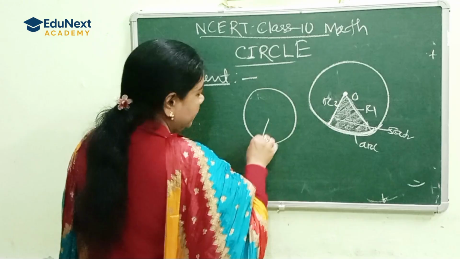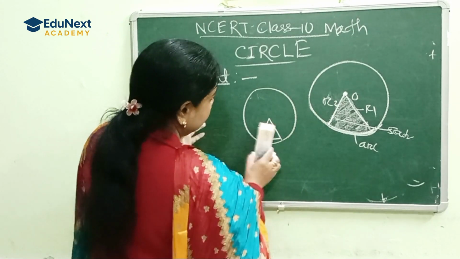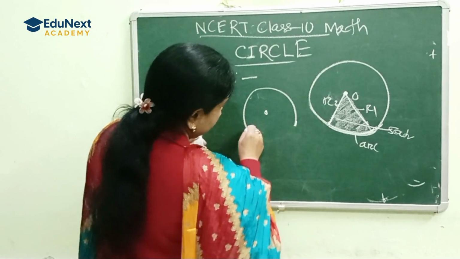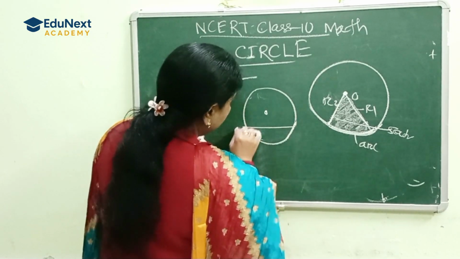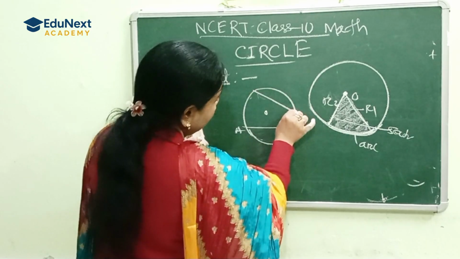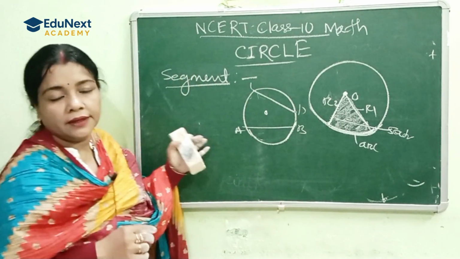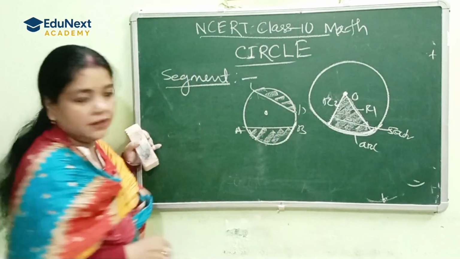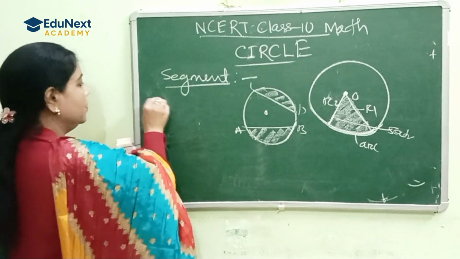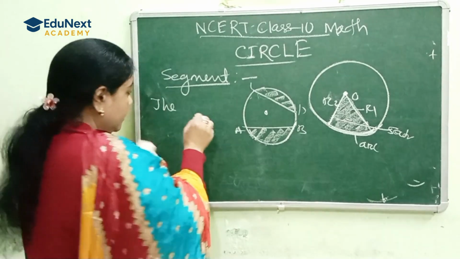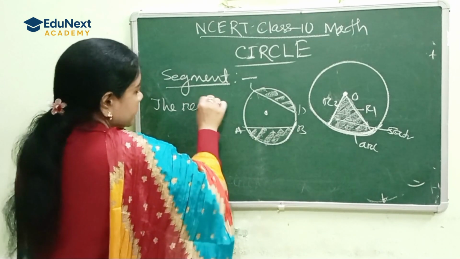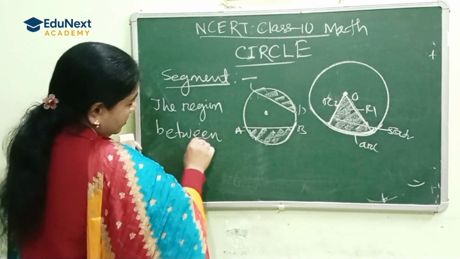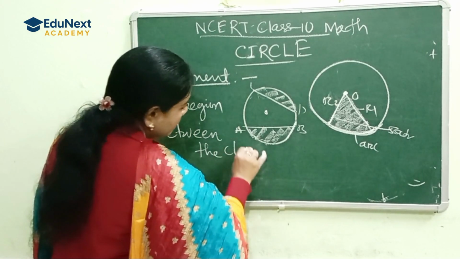But if I take this chord AB, or there is a chord CD, the region between the chord and the arc is known as segment. So segment is the region between the chord.